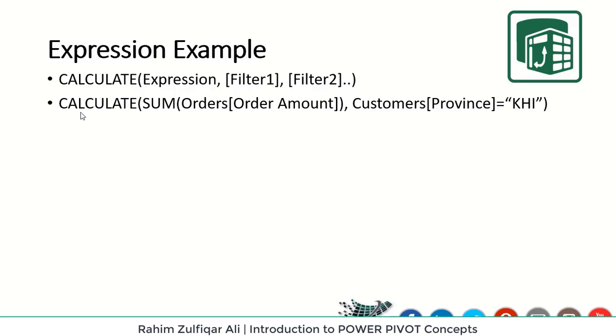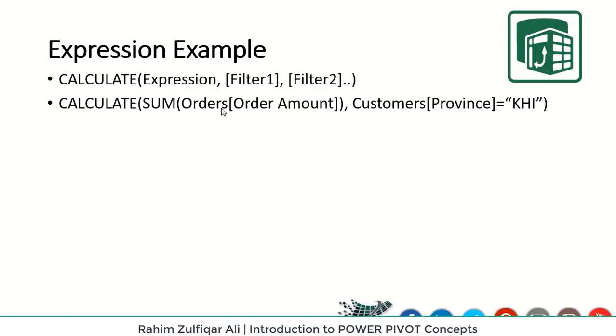Now in this primary example of DAX, you can see that we have used CALCULATE, and first we define the expression, that is, what we want as a result. We need the sum of the order amount column from the orders table. This is written as a fully qualified reference, because we have used first the table name and then the column name.